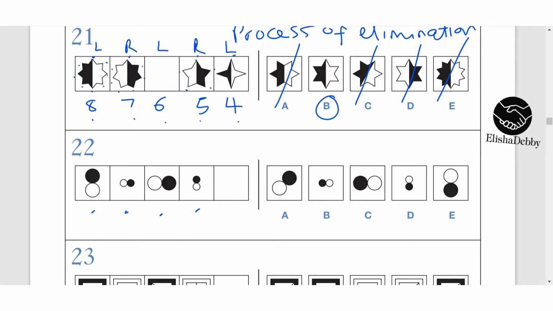So it's big, small, big, small, big, small, big, small. So we need two big circles there. We have to eliminate the ones that are not big circles. Then we eliminate that, and that. We know it's going to be either A, C, or E.